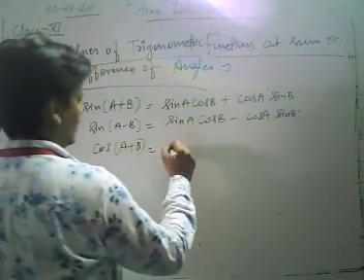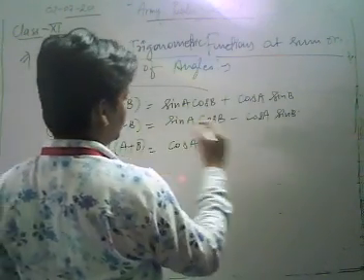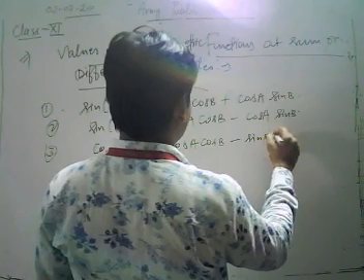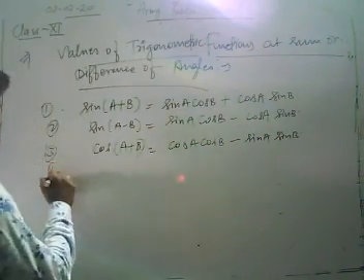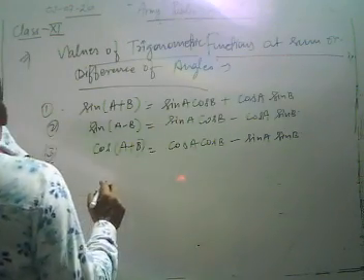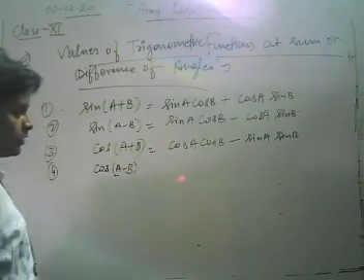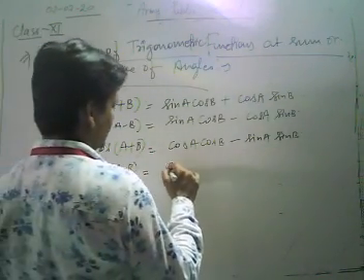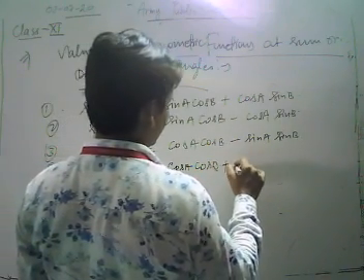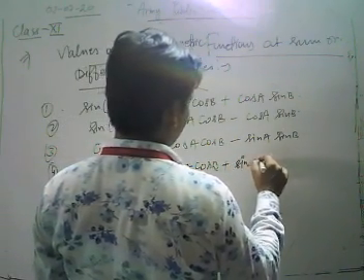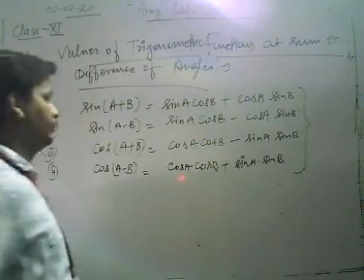Here cos a cos b minus sin a sin b. And the fourth one, cos(a minus b). The value of cos(a minus b) is cos a cos b plus sin a sin b.